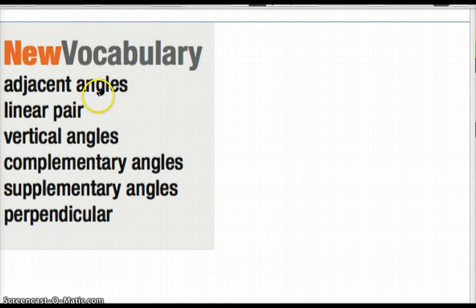So, adjacent angles are angles that share a side. So they share a side and a vertex. If I refer to this angle here, let's call this vertex B and this A and C, and let's call this D. Let me make these rays.